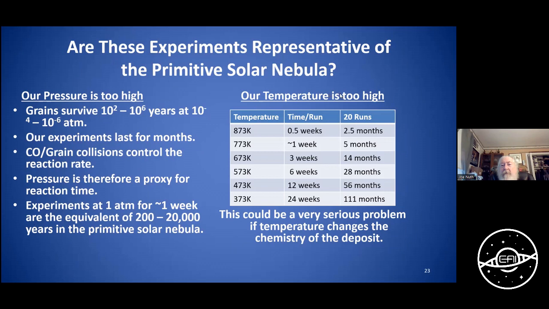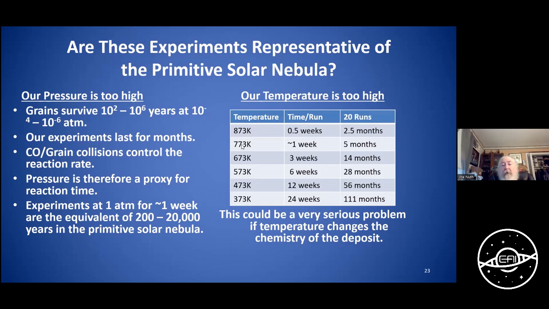In terms of the temperatures and the reaction time and how long it takes, we do experiments at 400 degrees C or 873 K. The reaction lasts basically for about 3 or 4 days. If we do the 20 experiments that we do in order to get the products that we see, for 20 runs, it takes us 2.5 months to do those.